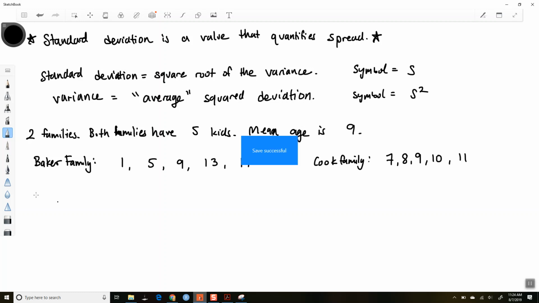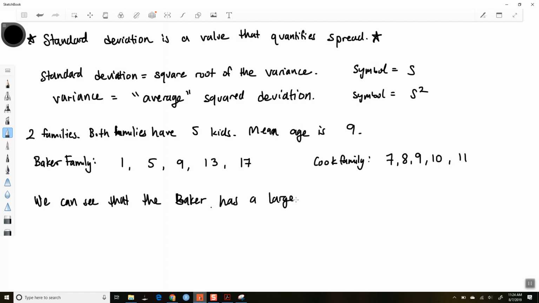All right, we can see that the Baker family has a larger standard deviation, more spread in ages.